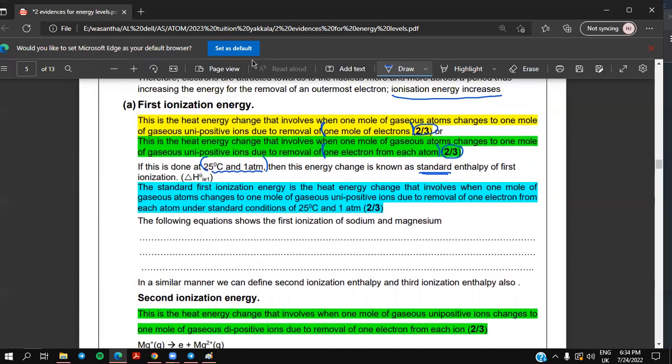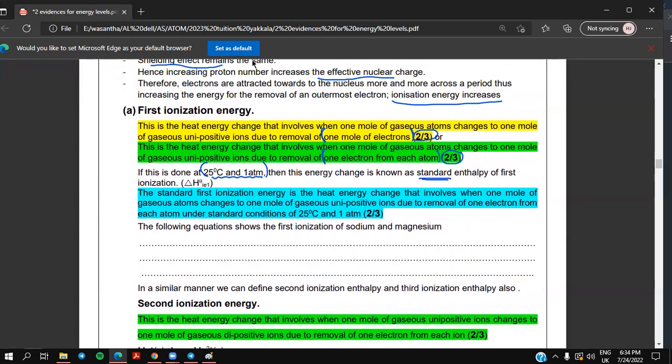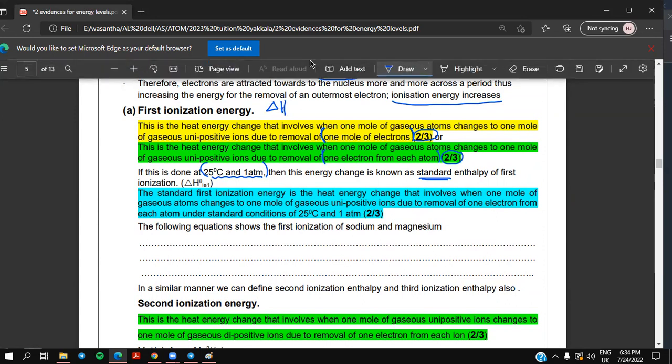If you want to write first ionization energy, we can write like this: delta H, change in heat energy, ionization energy, 1. It means first ionization. Or else we can write delta H first IE. That is also possible.